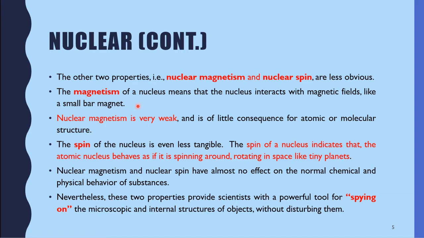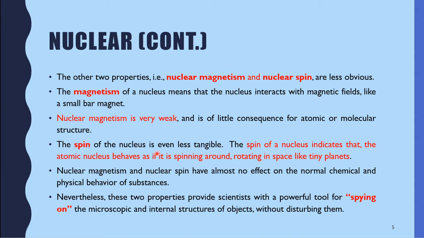So the magnetism of the nucleus refers to the fact that the nucleus interacts with magnetic fields like a small ball magnet. It could be the applied magnetic field, or it could also be the orbiting electrons that are creating magnetism with the nucleus. The spin of the nucleus is even less tangible, a much more abstract concept.